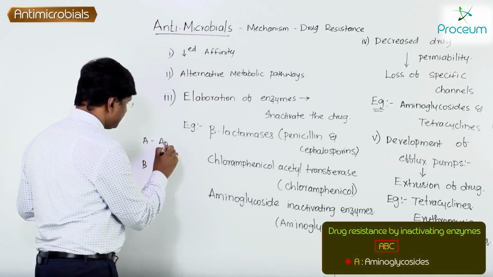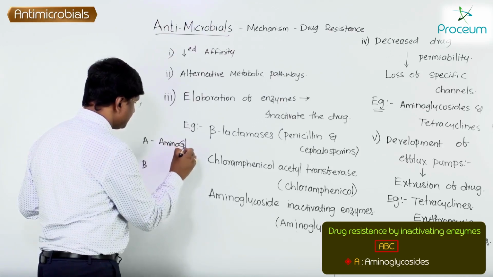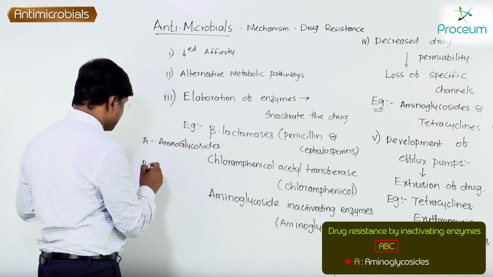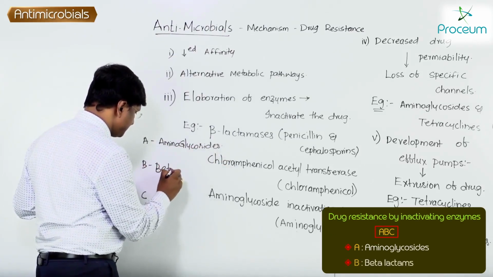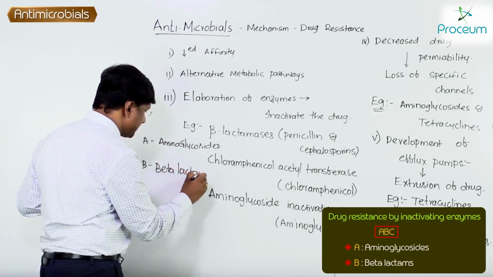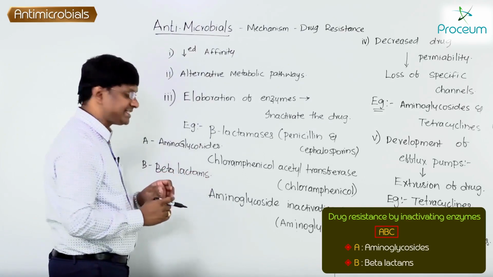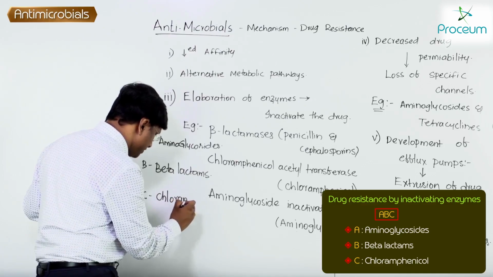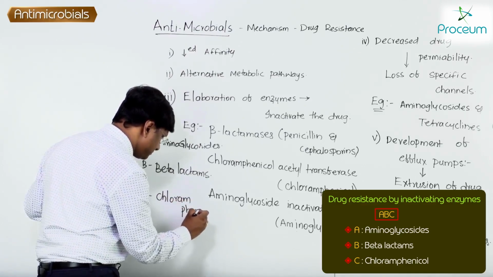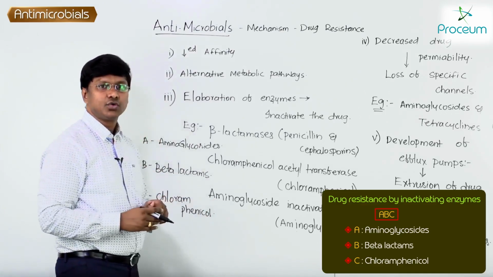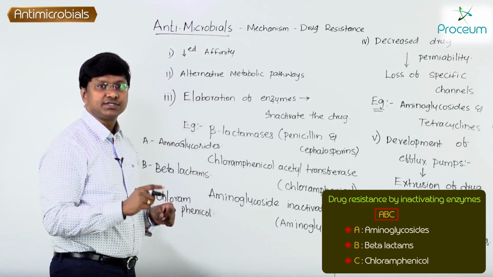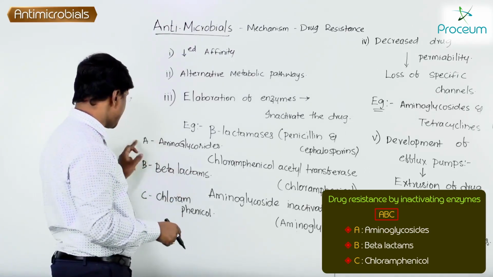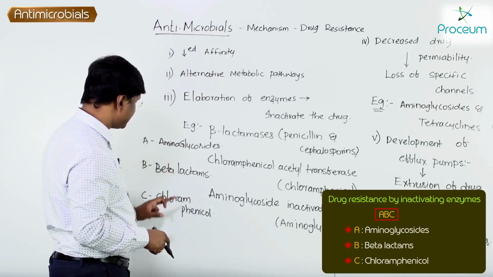A stands for aminoglycosides, B stands for beta lactams, C stands for chloramphenicol. So drug resistance by inactivating enzymes. What are those antibiotics? A, B, C. Aminoglycosides, beta lactams and chloramphenicol.